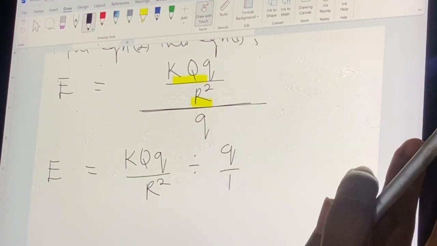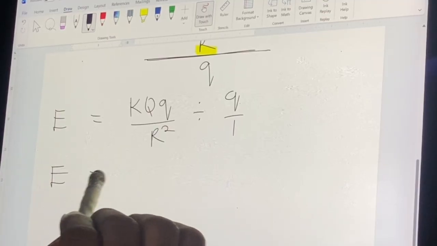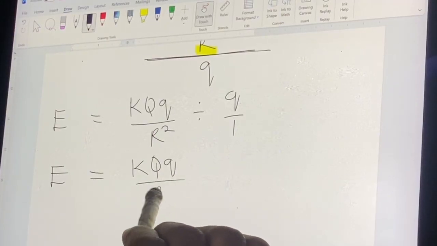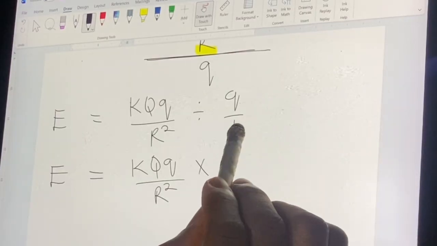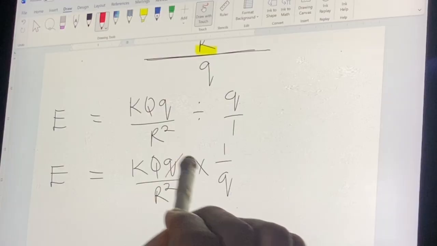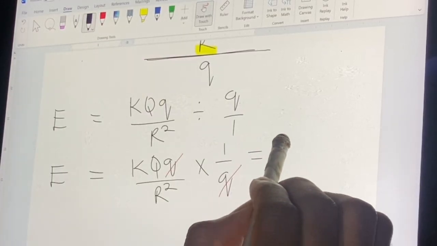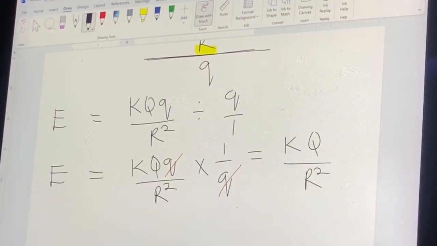Let's apply BODMAS here. When you apply BODMAS, our E will be equal to KQq over R square times, we are going to invert the right hand part, so this will be 1 over Q. So class, this Q will cancel this small letter q. I'll be left with KQ over R square. So this is how we derived the formula for electric field when distance is given.